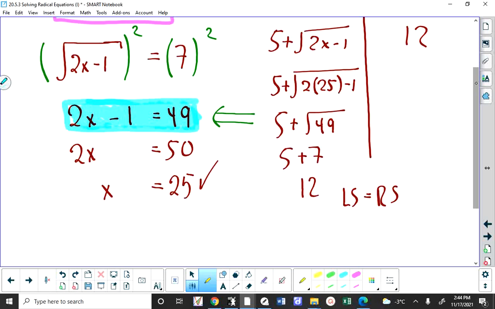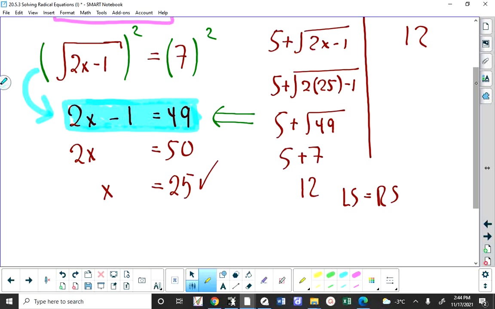Okay. I would go so far as to say whatever equation results by you squaring both sides, I don't care how many answers come out of that equation. 1 or 2 or 3, which you would learn about in Math 30, or 4 or 5 or 6, or an infinite number.